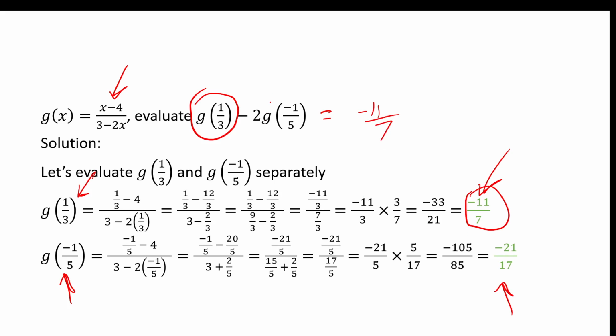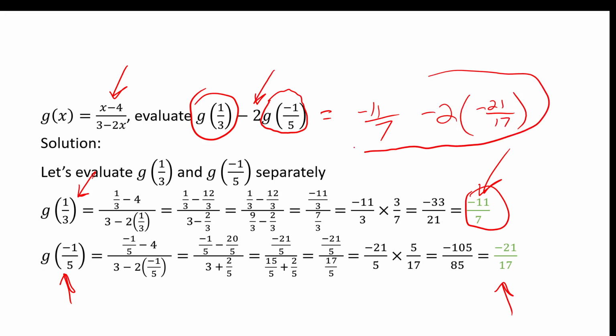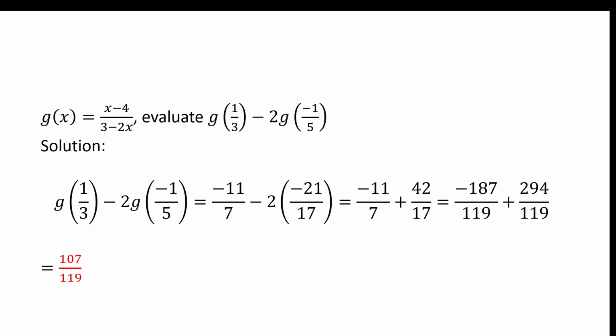And since g at -1/5 is equal to -21/17, but I'm subtracting 2 of those, I can say minus 2 times -21/17, and then I'll just be able to evaluate that using fraction rules. And when we do all of that, it's on the screen in front of you, we ultimately get 107 over 119.